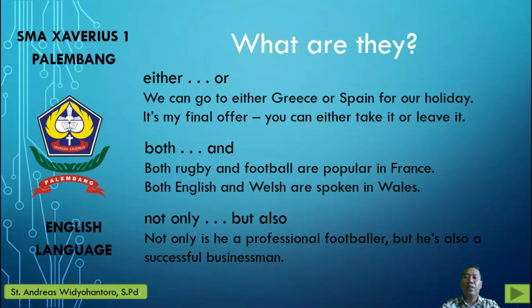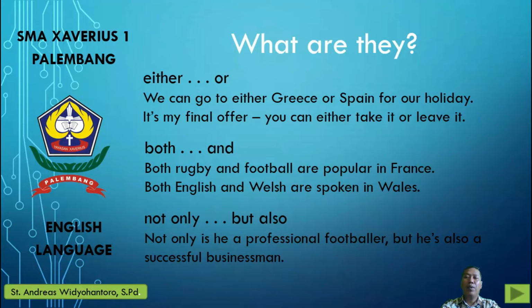The first is either... or. When we have to choose one of the options, we can go to either Greece or Spain for our holiday. Second example, it's my vinyl, so you can either take it or leave it. Second, both... and.